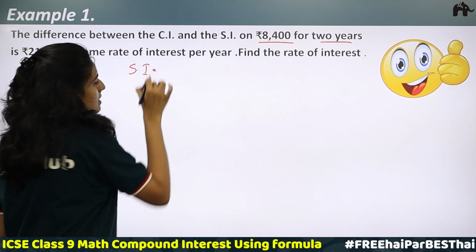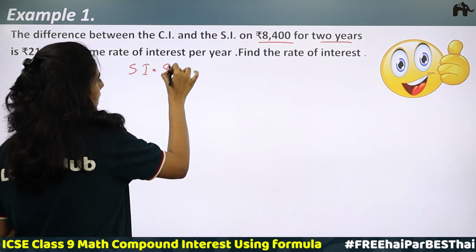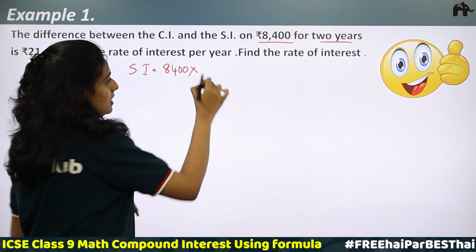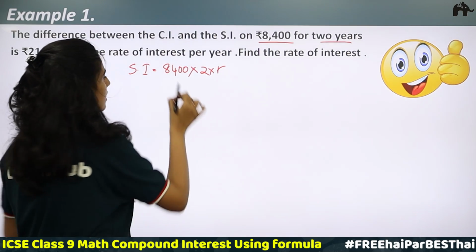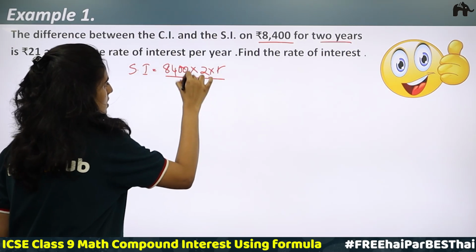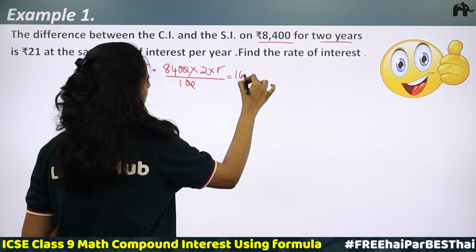What is simple interest? Simple interest is PTR divided by 100. Here the principal is given 8,400 into number of years is 2 years, rate of interest we have to find, R, whole divided by 100. This is the simple interest. Cancelling out zeros, you will be getting this equal to 168R.